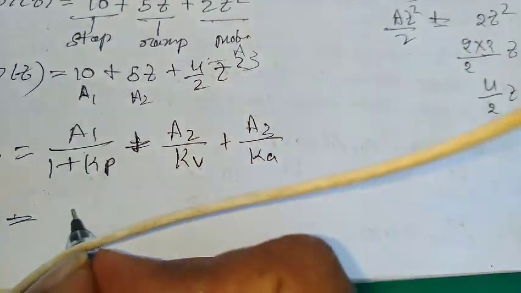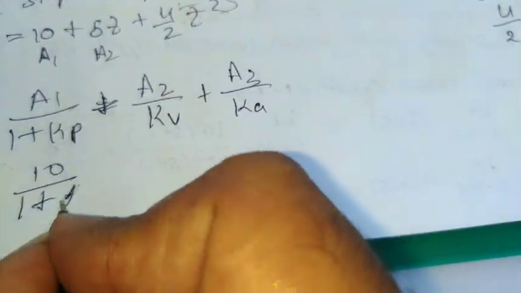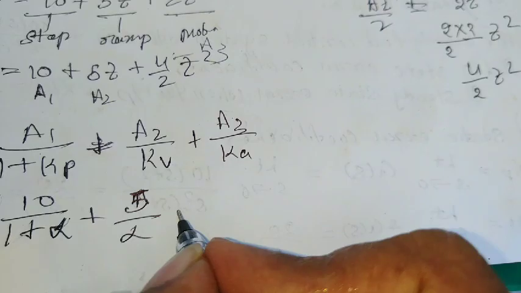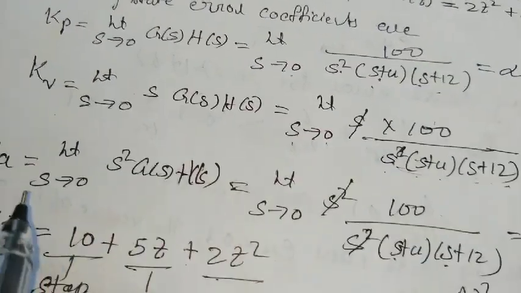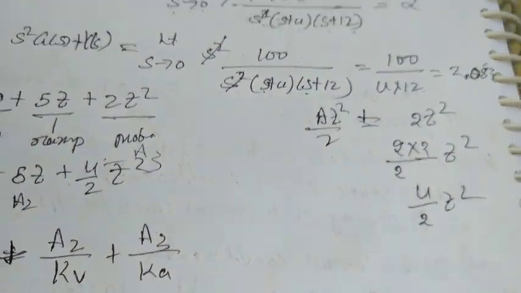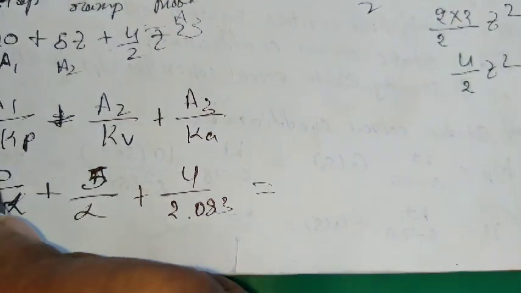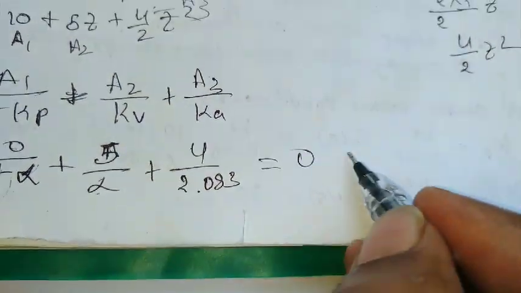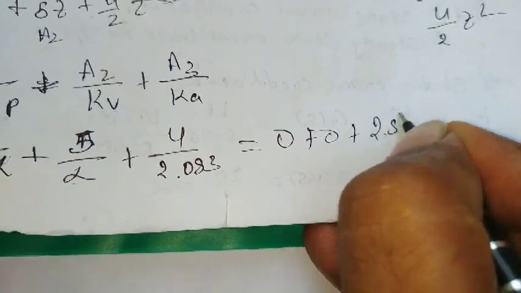So this is equal to A1 is 10 divided by 1 plus Kp, Kp value I got infinity, plus A2 is 5, so 5 divided by infinity, plus A3 is 4 divided by Ka is 2.083. So something by 1 plus infinity is 0, 5 divided by infinity is also 0, and 4 by 2.083 is 2.5 approximately.